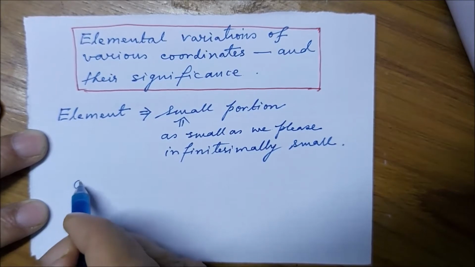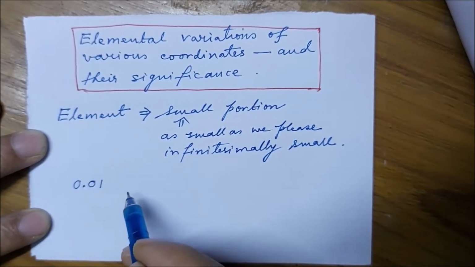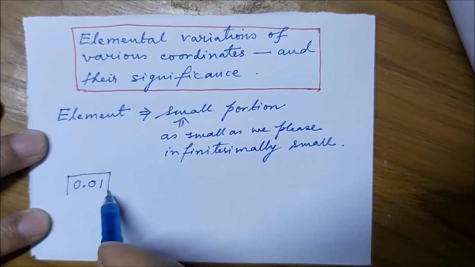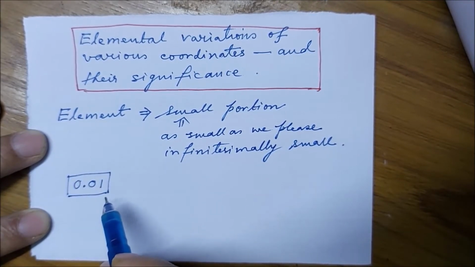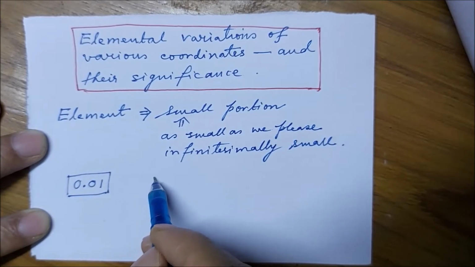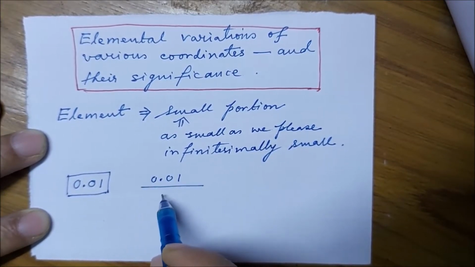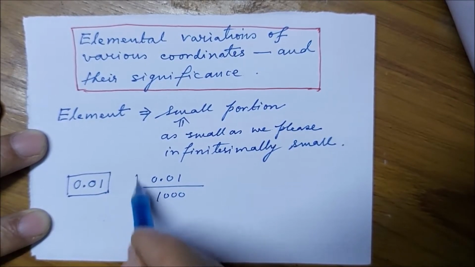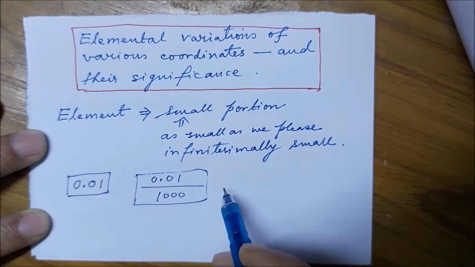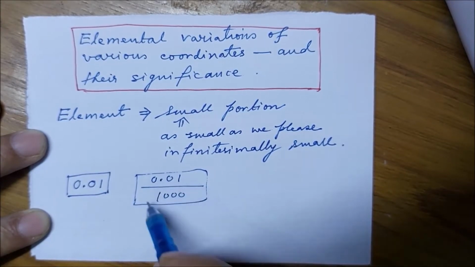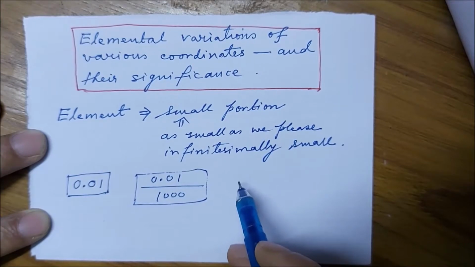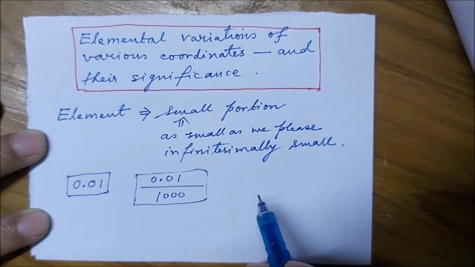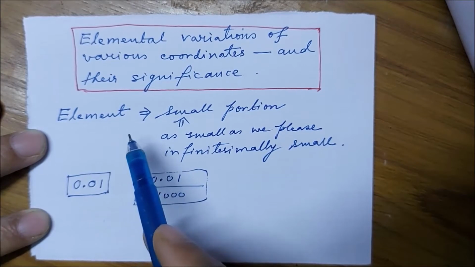So if 0.01 appears to be a small number to someone, then someone else might think that 0.01 divided by 1000 is much smaller than this number. And someone might divide this number again by say 1 lakh to arrive at a much smaller number. So this is exactly what we mean when we say an element of something.